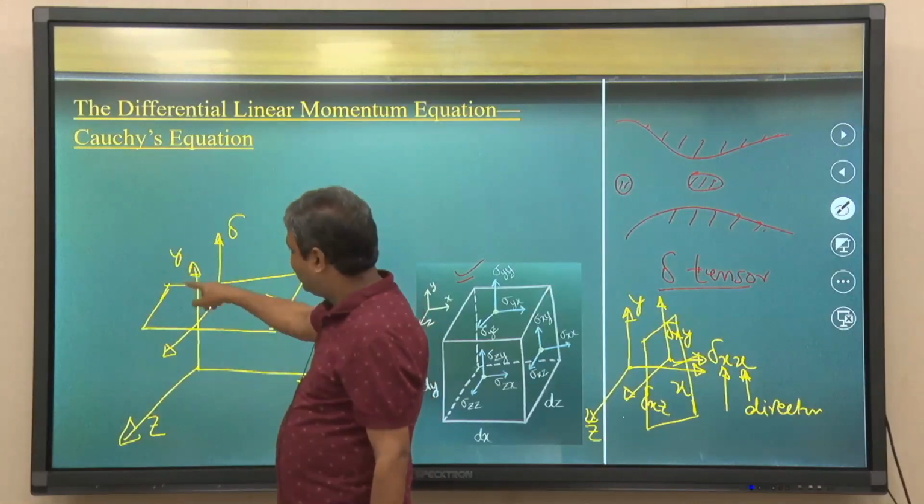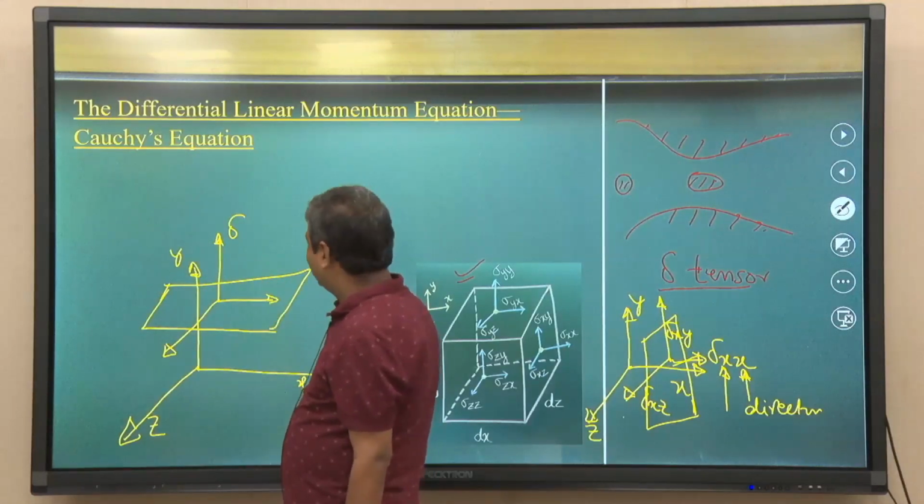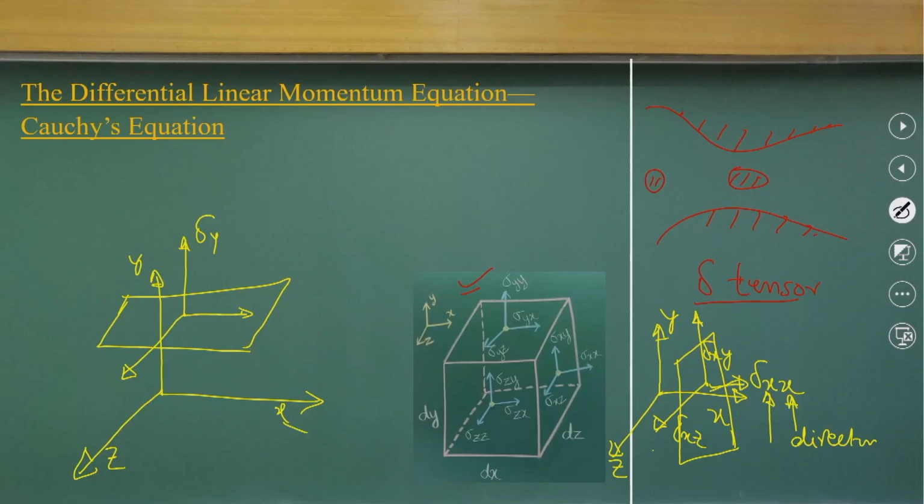Yes, this is the y plane, sigma y y. What will be these? Y x, and this will be sigma y z, exactly the same thing. If you look at it, these components are written like this.